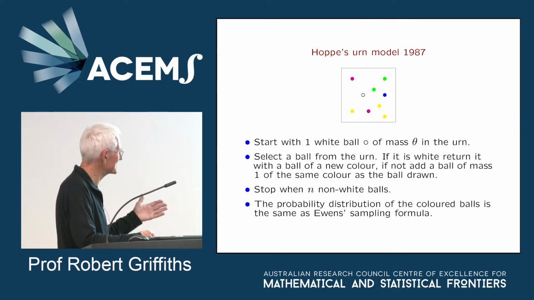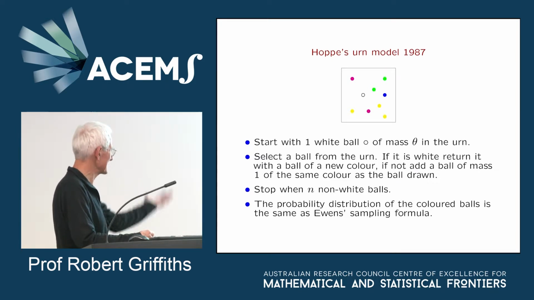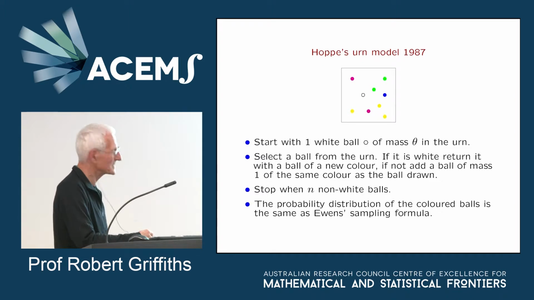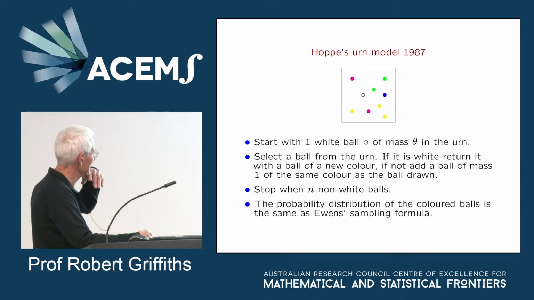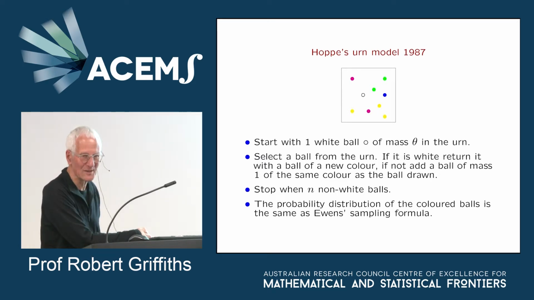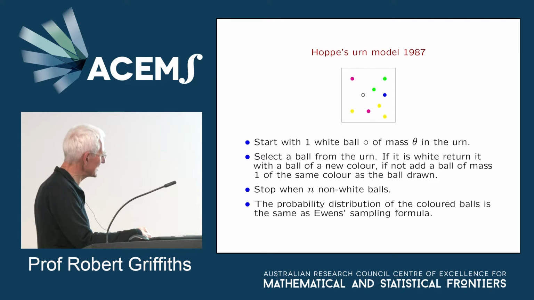So the number of balls increases by 1 every time. Stop when there are n non-white balls. Then you're only interested in the non-white balls, but the white ones control the mutations. The probability distribution of the coloured balls is the same as the Ewens sampling formula.